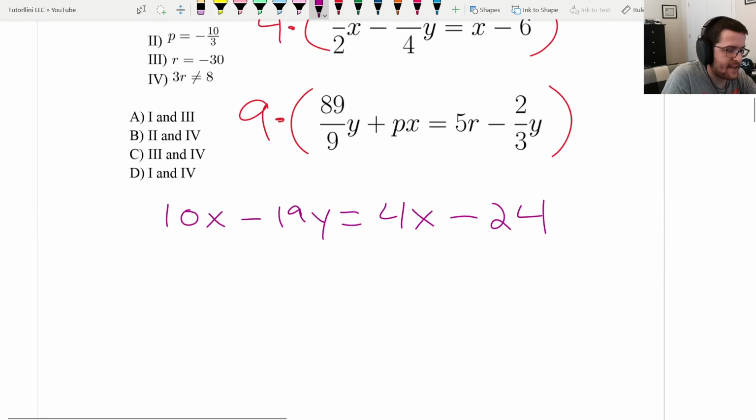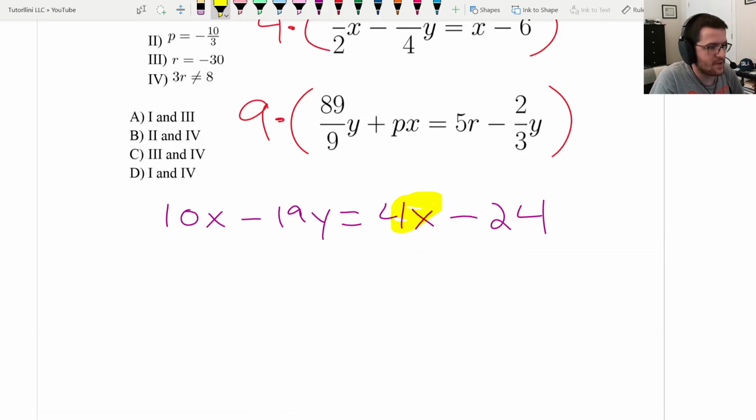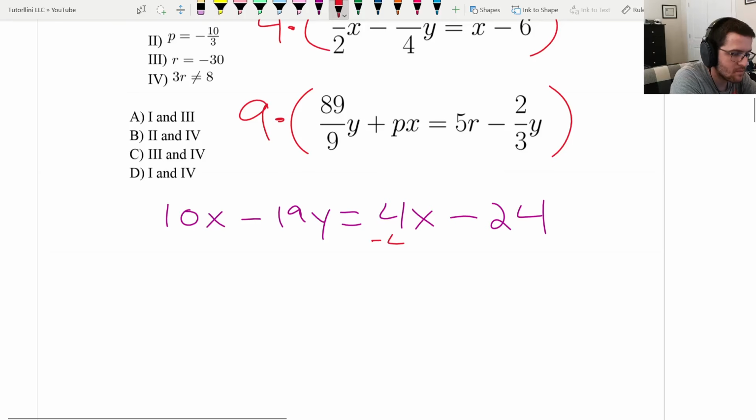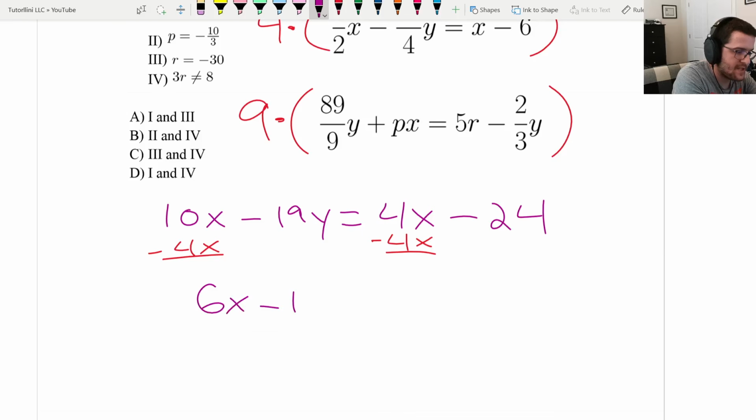We're now going to get that in standard form, so this term is not on the correct side. It should be on the left side, right? So we're going to subtract 4x from both sides, and we should get 6x minus 19y equals negative 24.